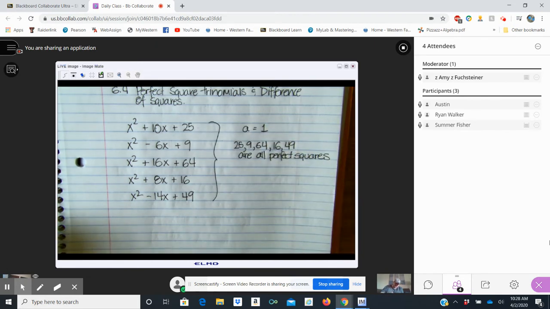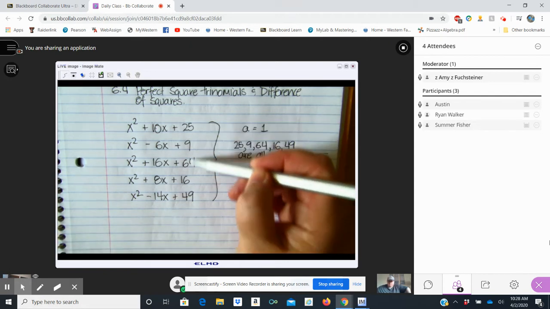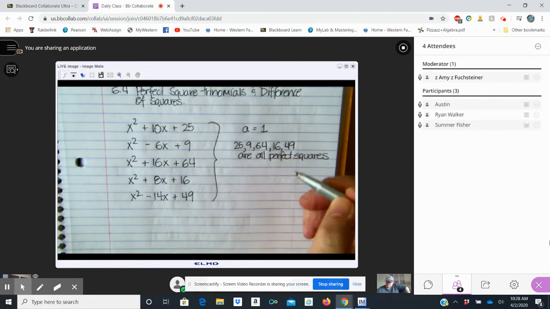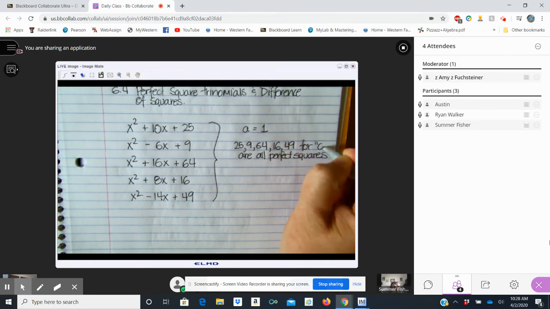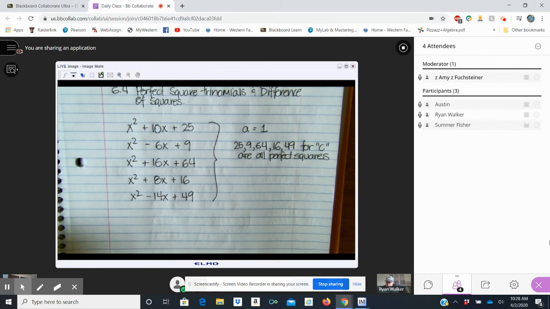25 is 5 times 5. 9 is 3 times 3. 64 is 8 times 8. 16 is 4 times 4. 49 is 7 times 7. So all of these C values are all perfect squares.